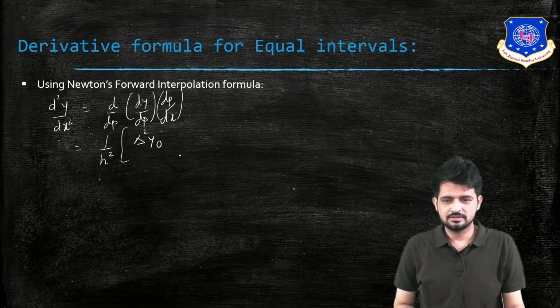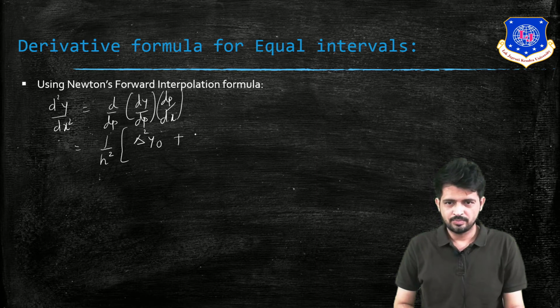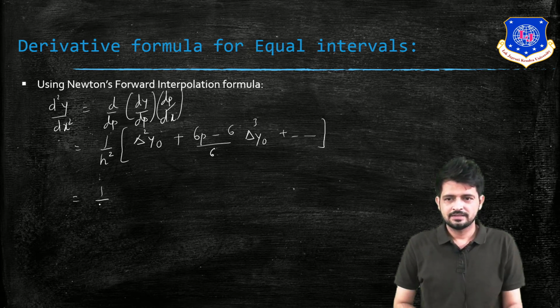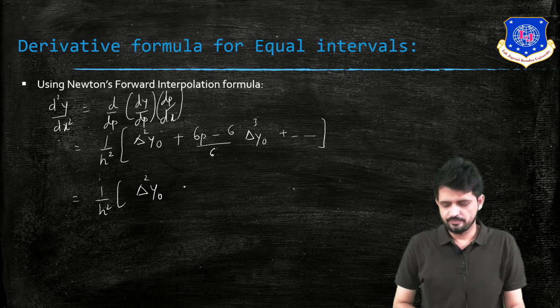First of all, the derivative of del y0 will be 0, so del square y0 plus (6p minus 6) upon 6 into del cube y0 and so on. That can be written as 1 upon h square, del square y0 minus del cube y0, because 6 will be common.